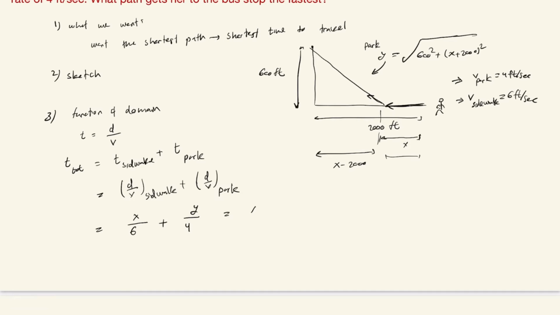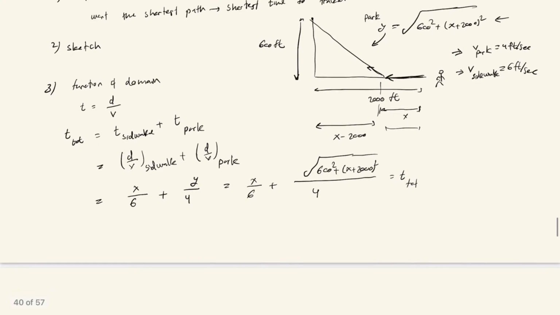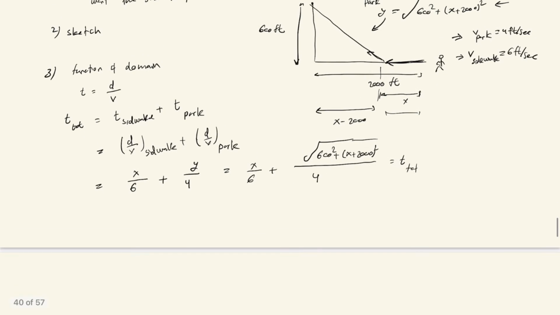Now we substitute for the value of y, which is the square root of 600 squared plus (x plus 2000) squared, over the velocity, which is 4. This is the total time that Alaina will take to travel from her starting position to the bus.